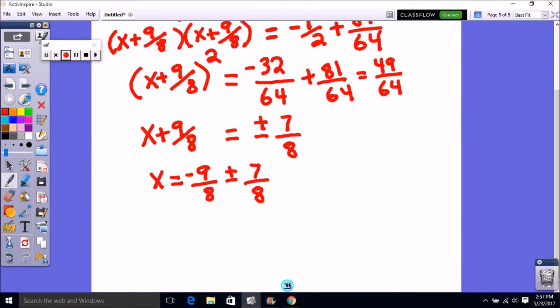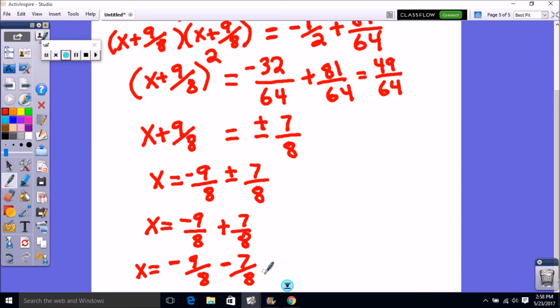So I basically can do negative 9/8 plus 7/8, and I can do x equals negative 9/8 minus 7/8. When I get to a rational number is simplest radical form.